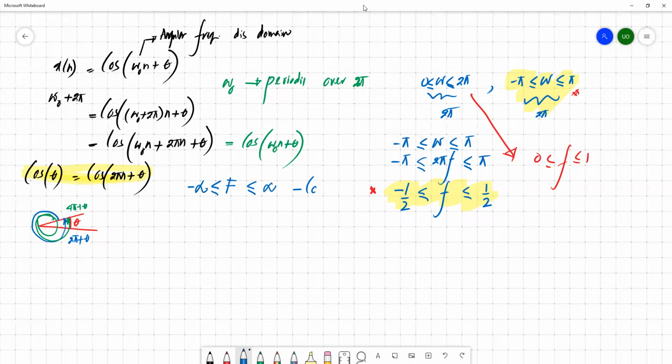This is the continuous signal. But we map and derive a discrete signal, and the frequency in discrete signal is in between this range. So this is discrete.